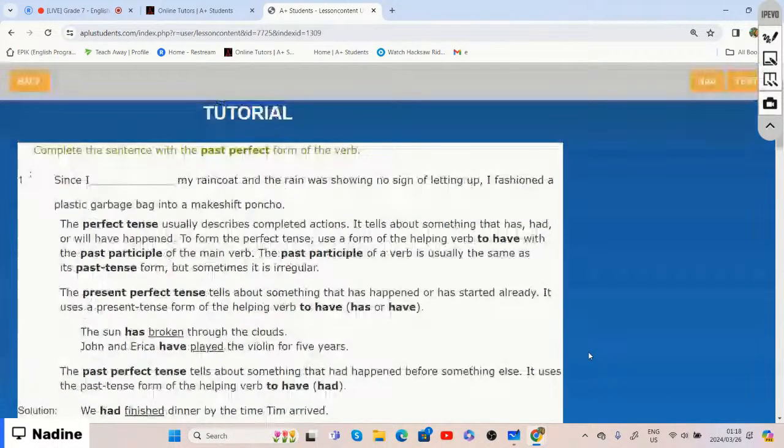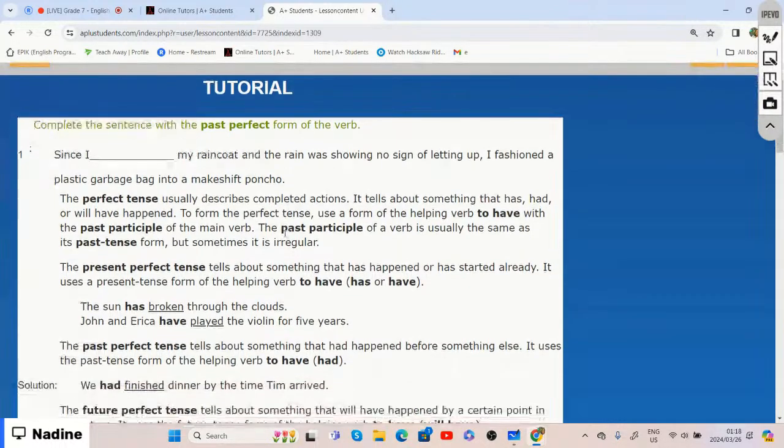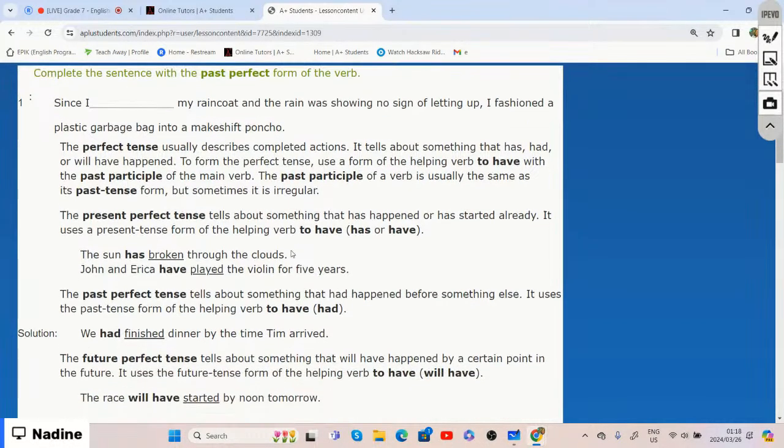Now, let's complete the sentence with the perfect form, the past perfect form of the verb. It says, since I my raincoat and the rain was showing no sign of letting up, I fashioned a plastic garbage bag into a makeshift poncho.